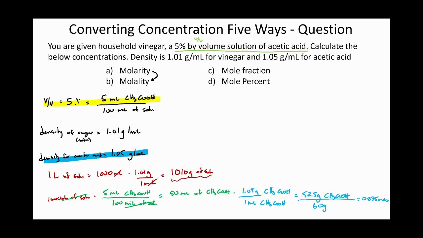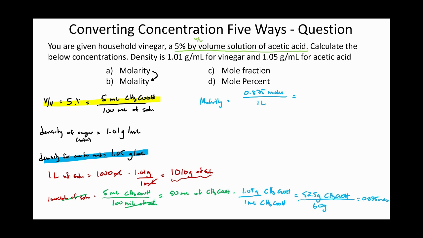my acetic acid, and now I am able to calculate a majority of each of these things. So I can do my molarity, which is the number of moles I've calculated, 0.875 moles, divided by my assumed volume of 1 liter. Initially we used a volume of solution to figure out our volume of acetic acid, multiplied that volume by a density to get a mass, and divided that mass by the molecular weight.